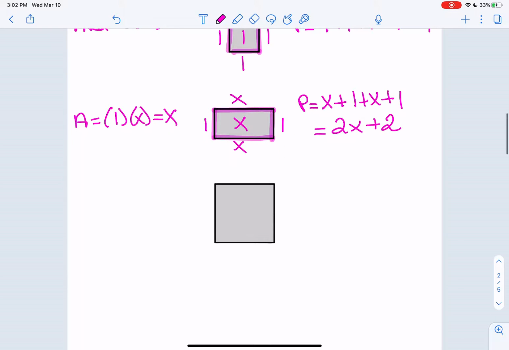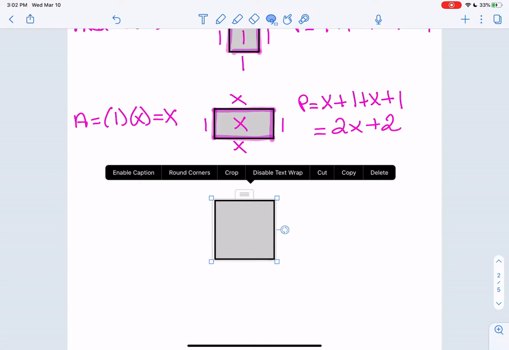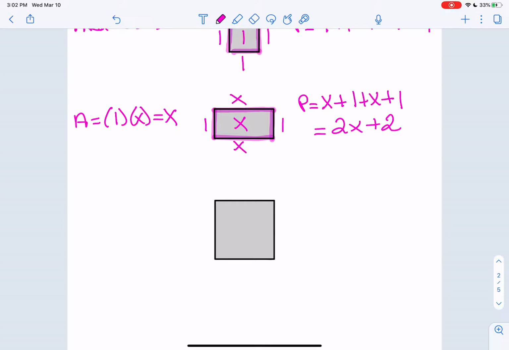Now, for the last tile, if we bring it up to the x tile, we can see that they have the same width. So we know that the width and the length, because this is a square, are all equal to x. So our area is going to be x times x, and x times x is x to the second power, or x squared.